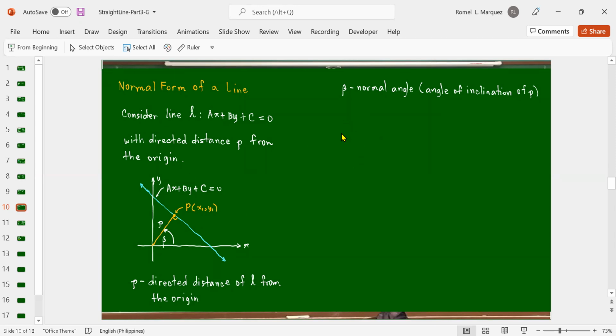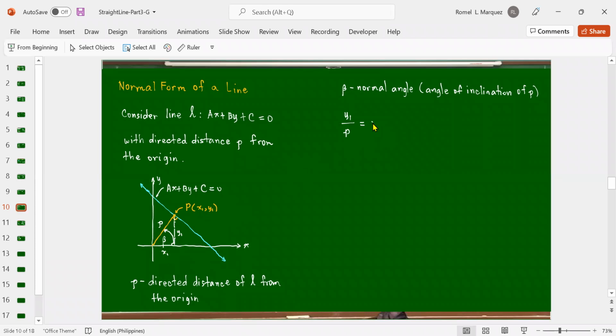So from this, if we draw a line parallel to the y-axis, we form a right triangle. Okay, guys? And this is our y sub 1 and this is our x sub 1. So we have y sub 1 over p, which is opposite over hypotenuse.